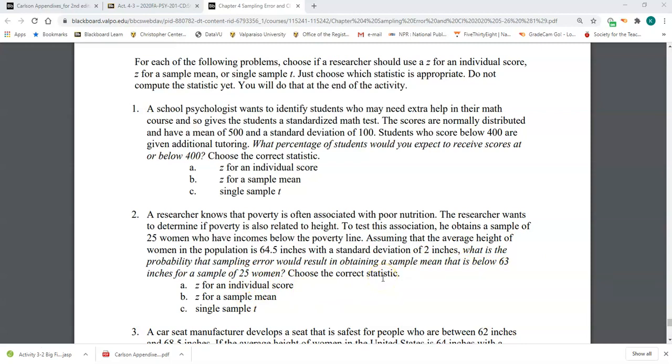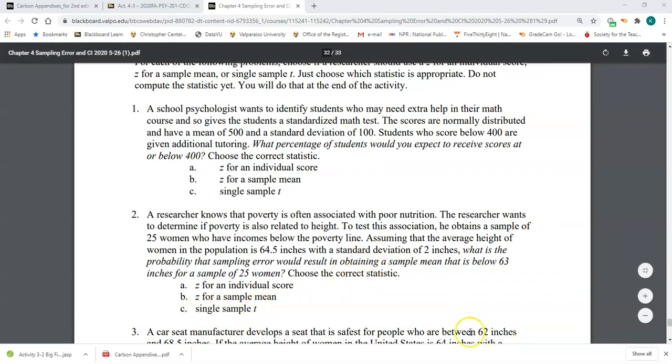It even says sample, though again, it doesn't have to literally say sample. It could say a group of people or some other way of referring to it. So that means you're going to be talking about the Z for a sample mean or a single sample T. It's got to be one of those two because you're dealing with a sample.